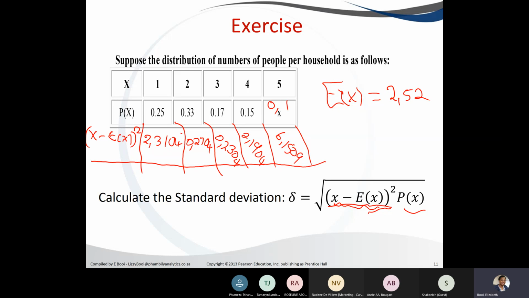Now, since we have all of them, then we can take those values and multiply by our corresponding probability. So we'll take 2.3104 multiplied by 0.25. I'm sorry, I'm going to write them vertically since I'm going to run out of space.